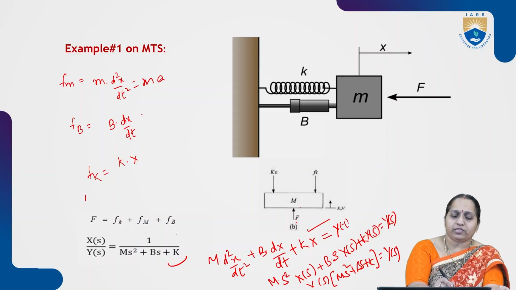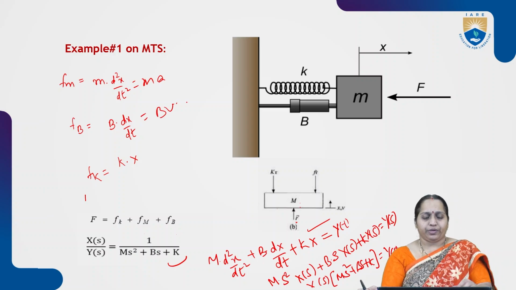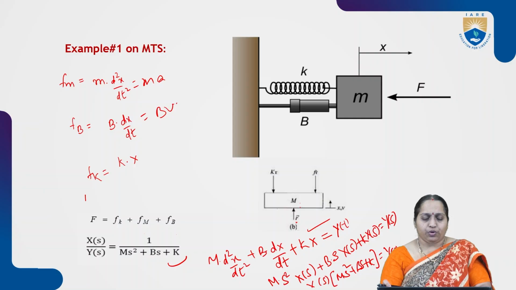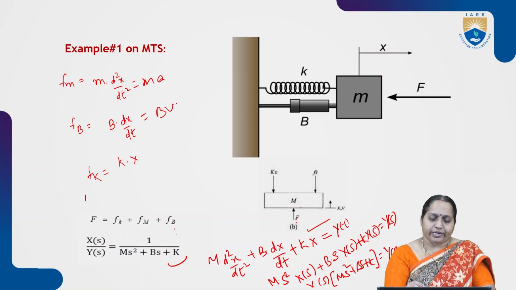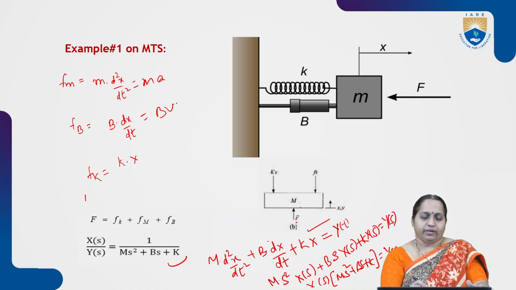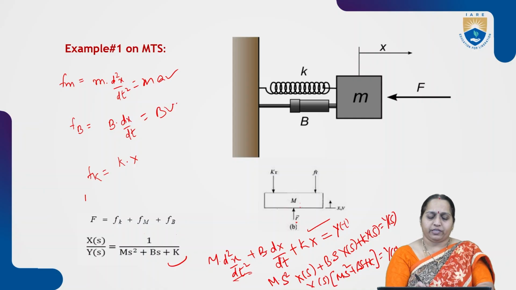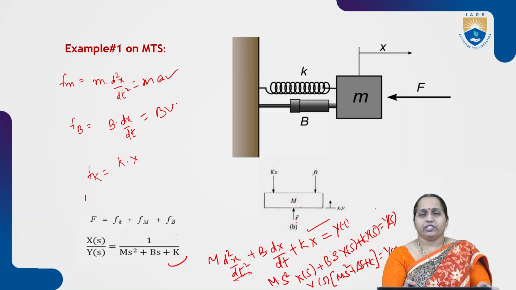Similarly for the dashpot it is B into V, and for the spring it is K into X. Finally F is equal to Fk plus Fm plus Fb. Adding up all these forces, the output is nothing but the displacement in that particular direction.